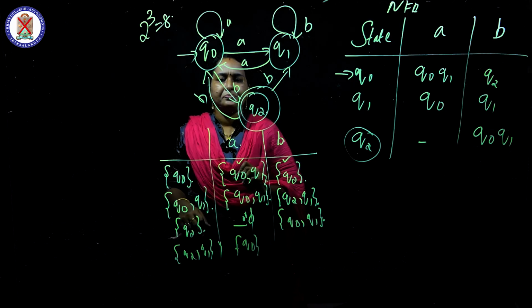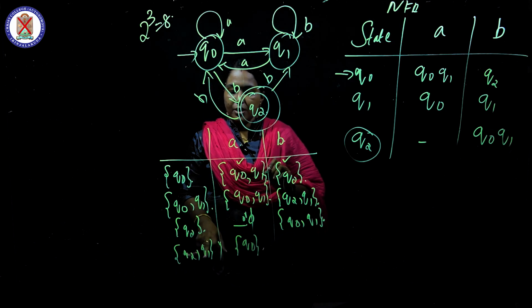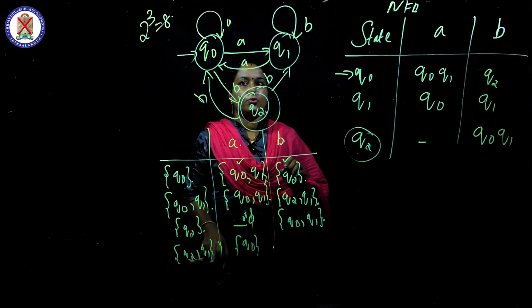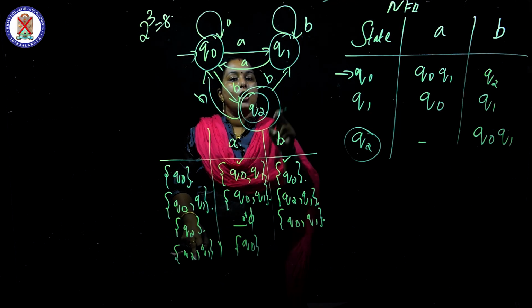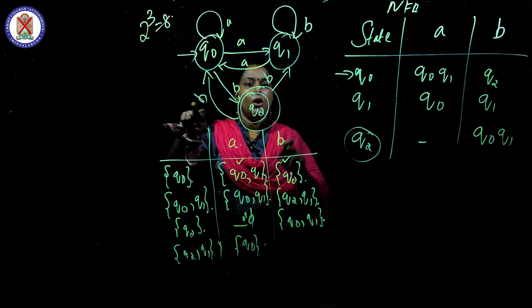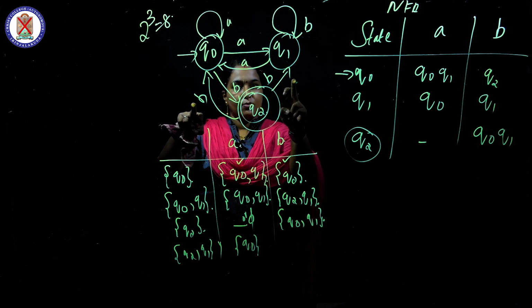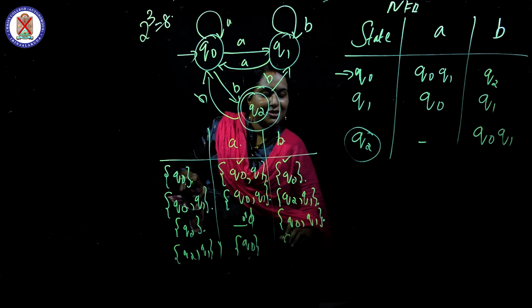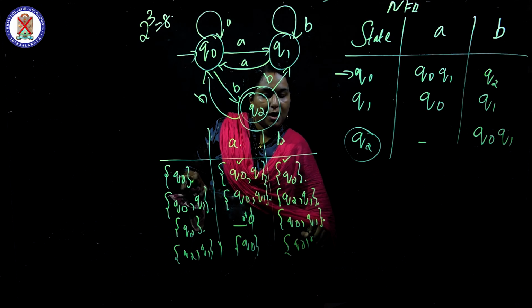Q2, Q1 on B: Q2 on B goes to Q0 and Q1, and Q1 on B goes to Q1. So the set will become Q0, Q1.